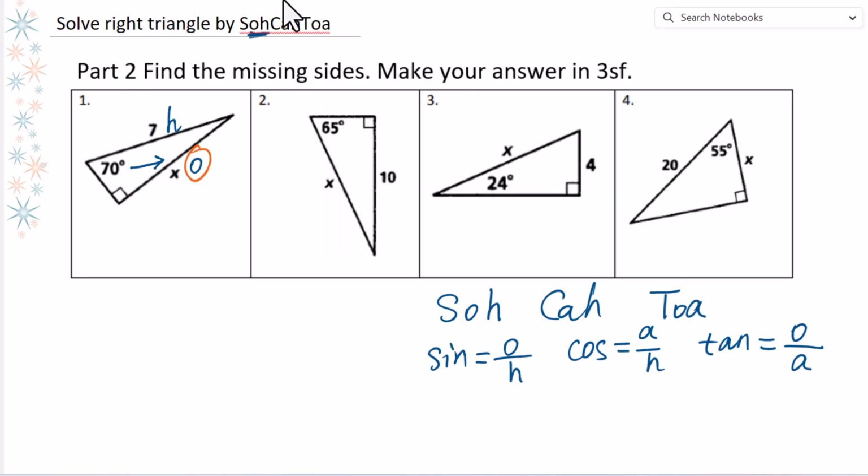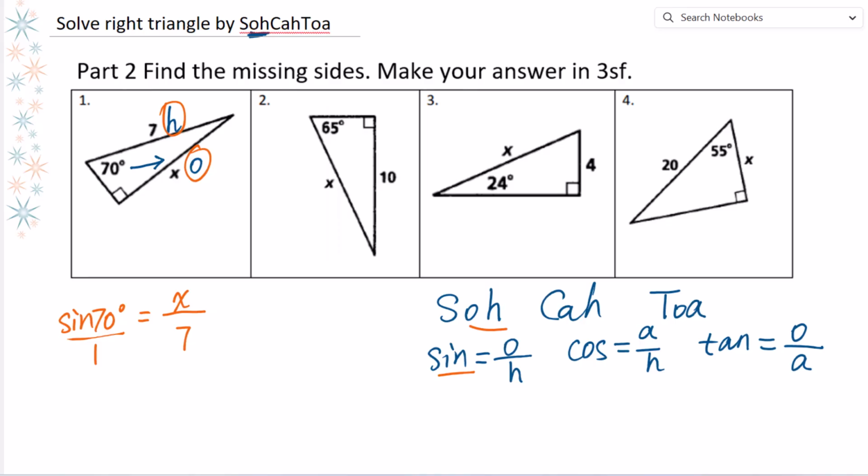So OH means sine. We have to use sine 70 degrees equals O over H. O is X, H is 7 over 1.